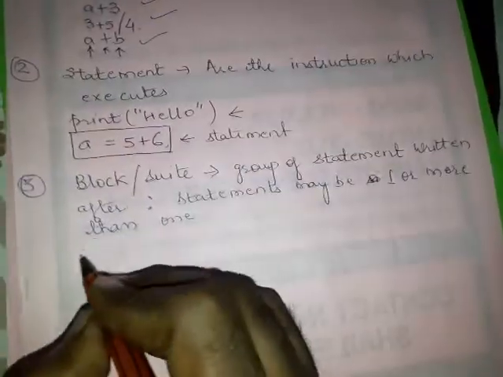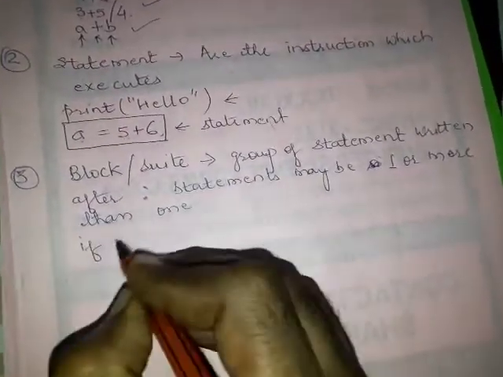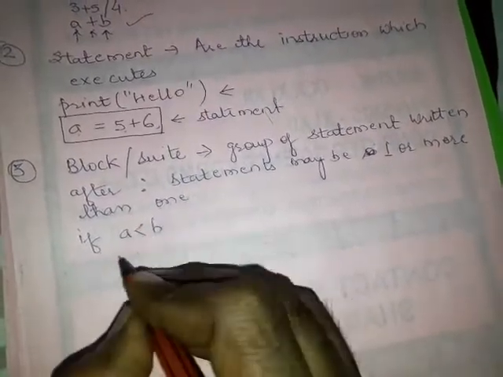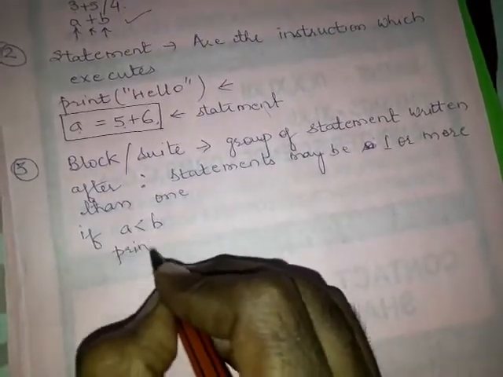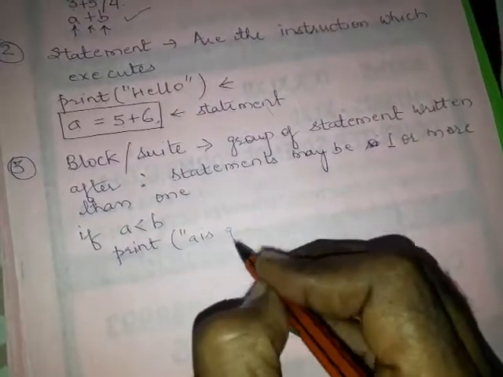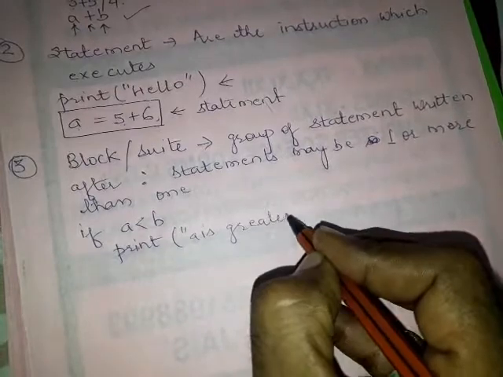Suppose I write if a is less than b, then I write here print statement, print a is greater.